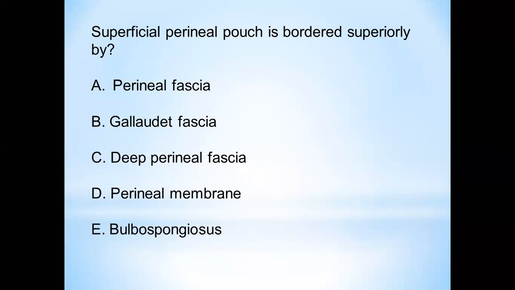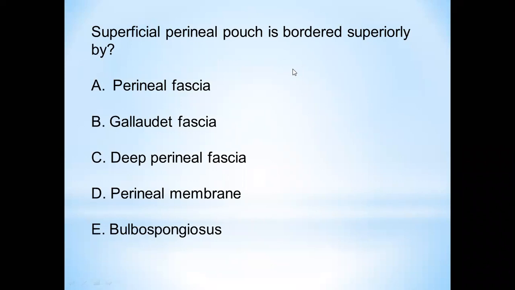Yes, excellent. Perineal membrane is the superficial layer bounded superiorly in the superficial perineal pouch and it forms the floor of the deep perineal pouch. That is the reason I gave you just this question to clear this concept.